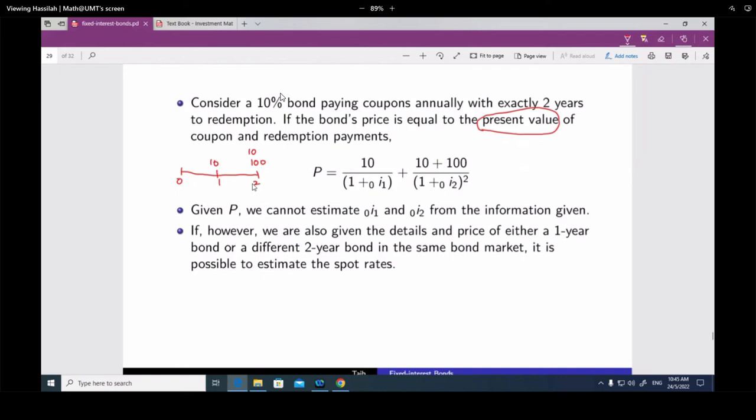Okay, so dia punya cash flow. Saya tak tulis unit. Okay. Jadi apa beza antara formula ini dengan present value bagi bond yang you belajar sebelum.